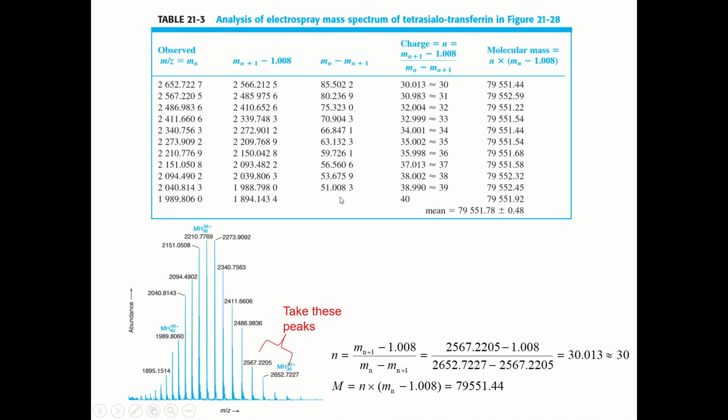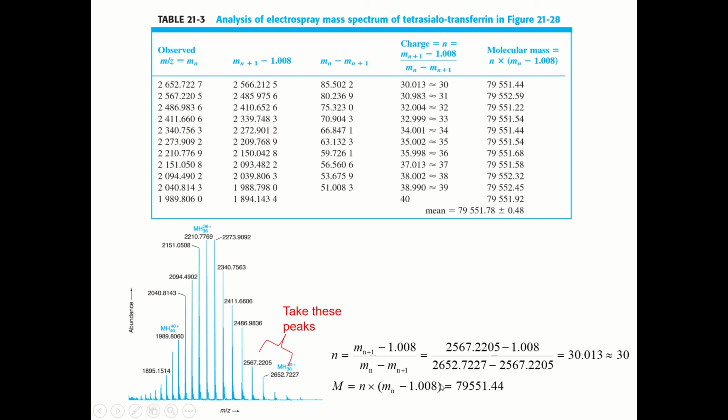Let's apply that formula to this table to get the molecular mass. Let's take these two peaks as an example, or you can take any two peaks here. But now you don't know how many protons are there.